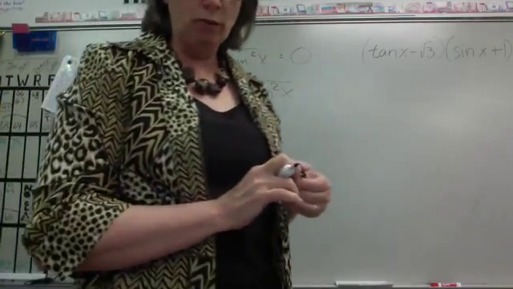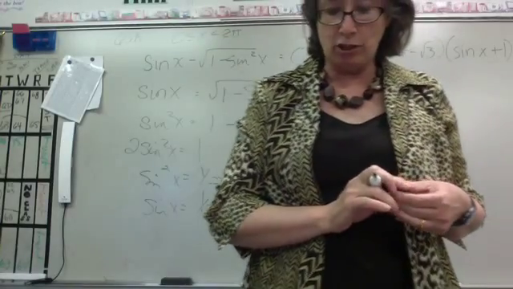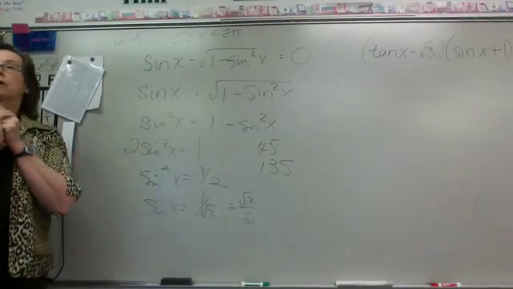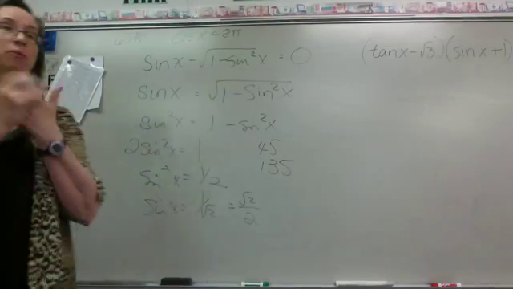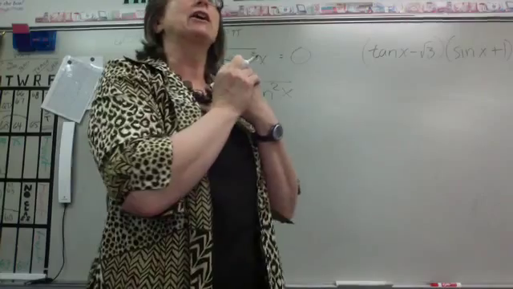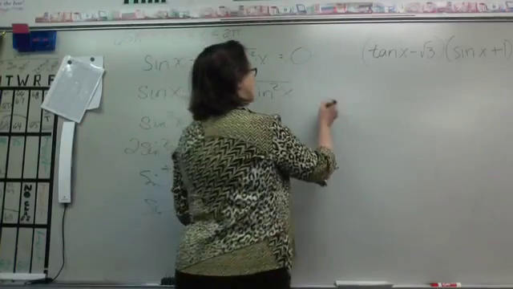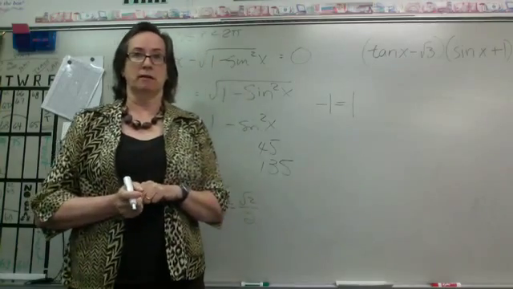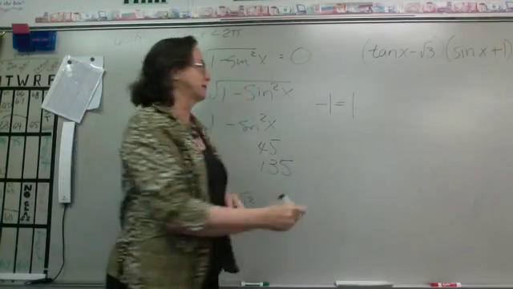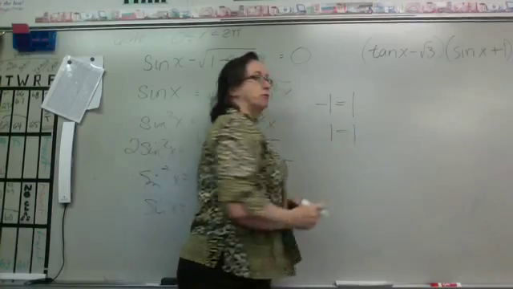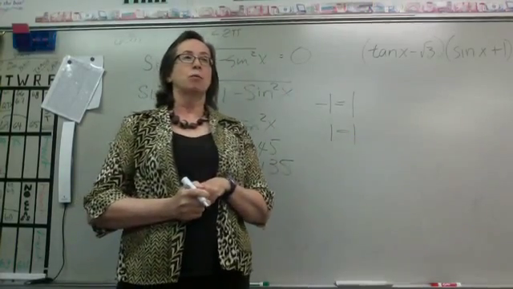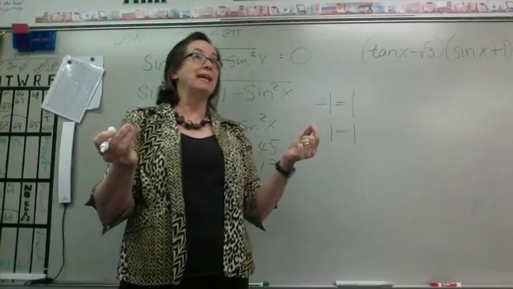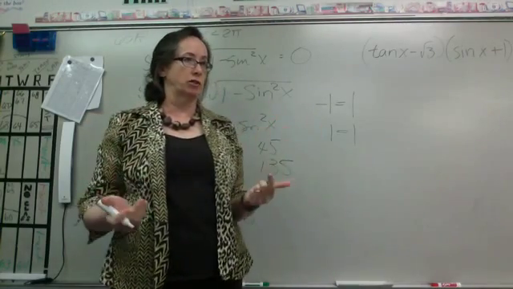Now, there's one reason why I need to check this. Remember when we were squaring both sides of any equation, we can take a potentially false statement and square both sides and make a true statement. So when we square both sides of an equation, we can get extra solutions.